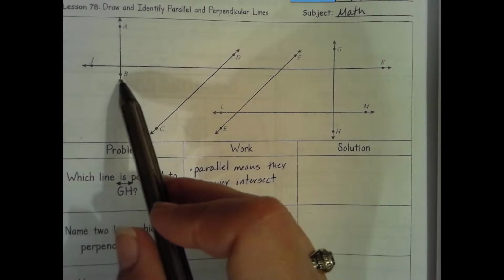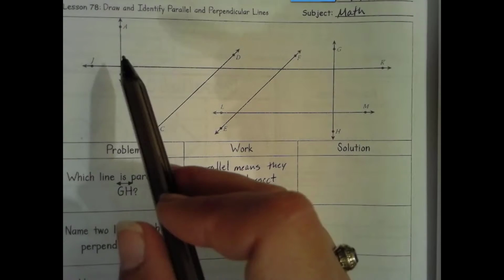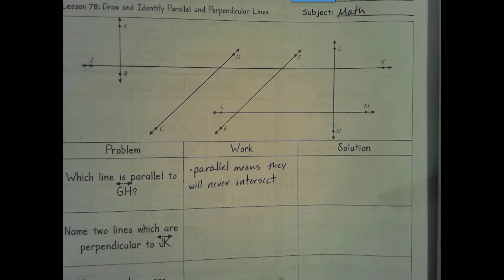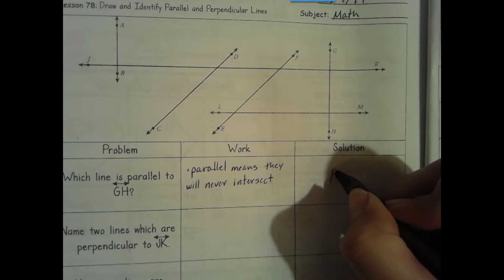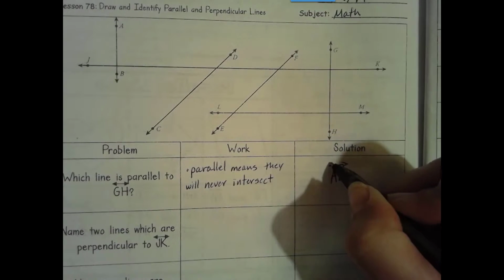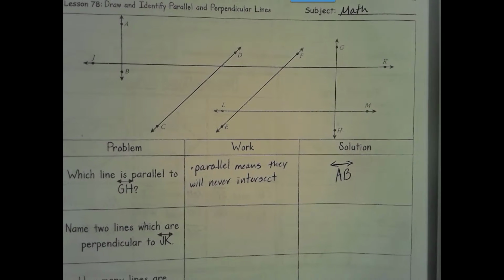But here's AB. They're the same distance the whole way. If I extend each one of them out, they will never intersect. So the parallel line to GH would be line AB. Remember, capital letters, and we put the line on top as part of the name.